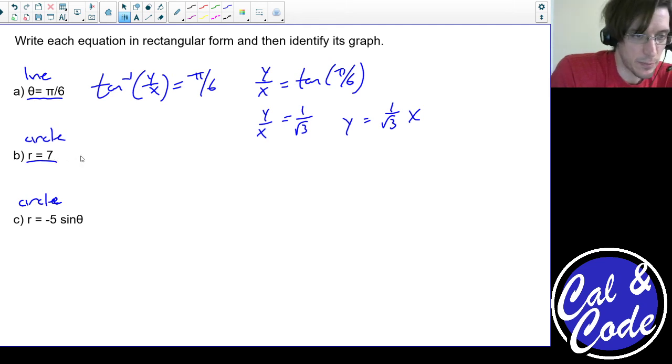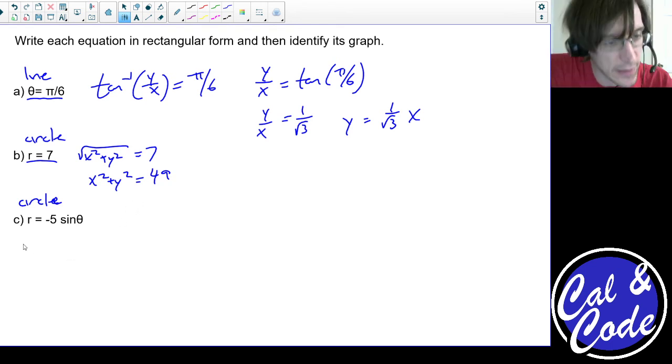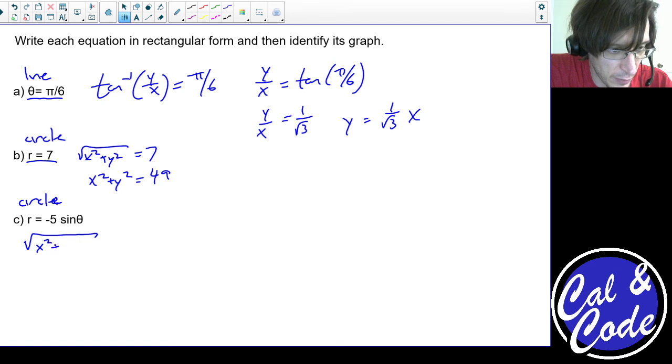r equals 7. Replace r with the square root of x squared plus y squared. Square both sides, get x squared plus y squared is equal to 49. Boom, circle, done. r is equal to negative 5 sine theta. Ooh. All right, what to do about this one? Well, I want this to be in full rectangular mode. I could come in here and replace my r with the square root of x squared plus y squared.